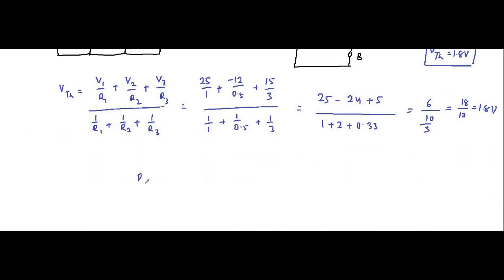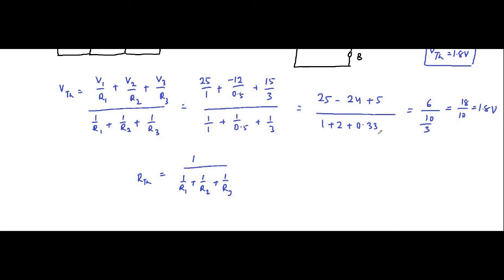RTH is this part: 1 by R1 plus 1 by R2 plus 1 by R3, which is 1 by 1 plus 1 by 0.5 plus 1 by 3. That will be equal to 10 by 3 again, 3.33.